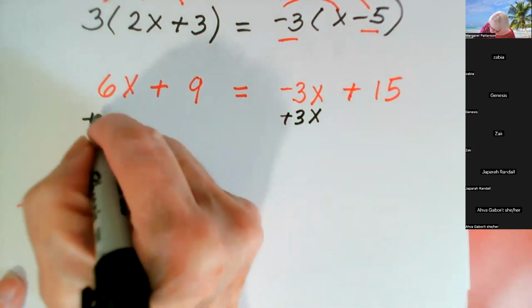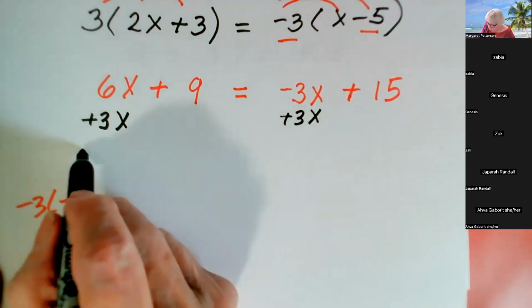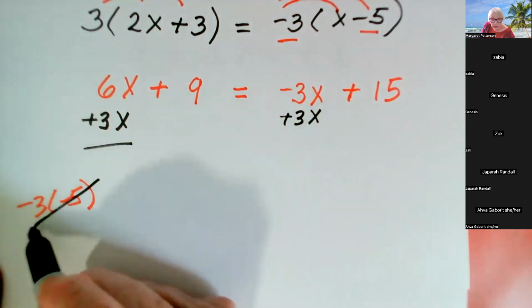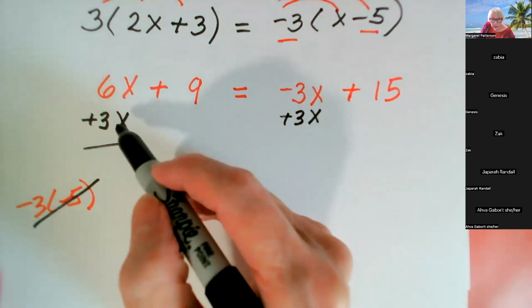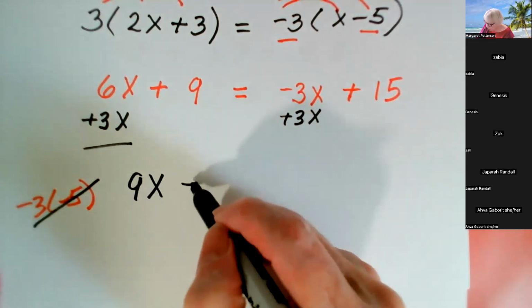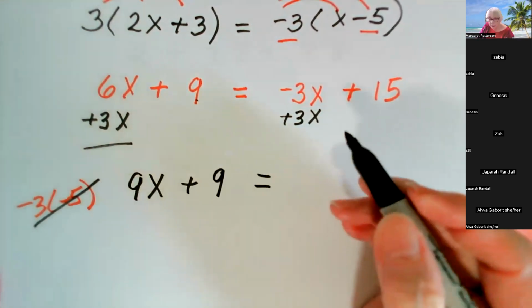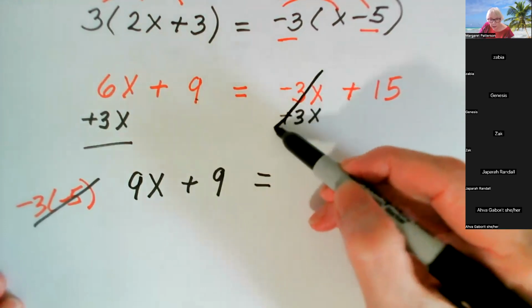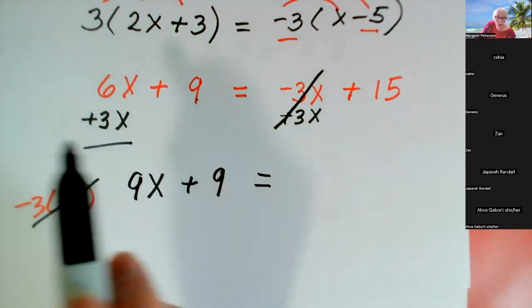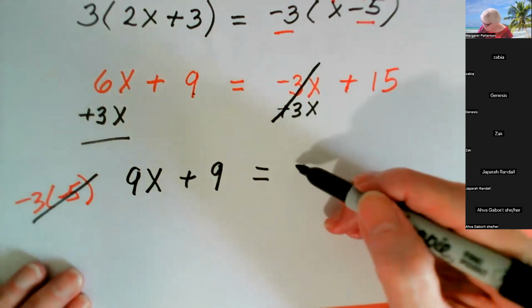I would have to then do the same thing over here. So what I have, take that away, 6x plus 3x would be 9x. I'm going to copy the plus 9. And what I've done now is the x's, they're all over on the left. And what's left over here is the number 15.